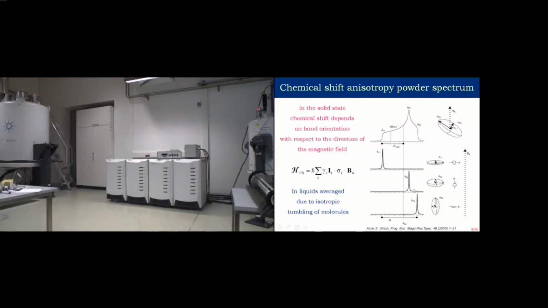Another position gives the spectra at this frequency, and finally, as a superposition, you have a shape like the spectra for isotropic distribution.